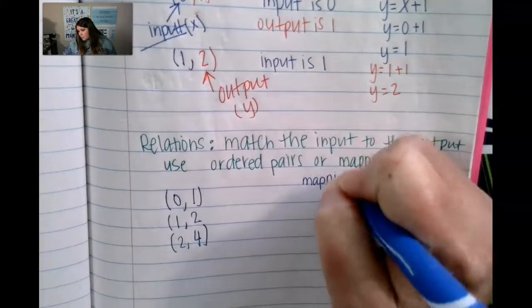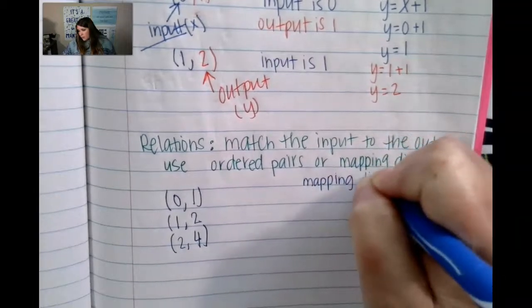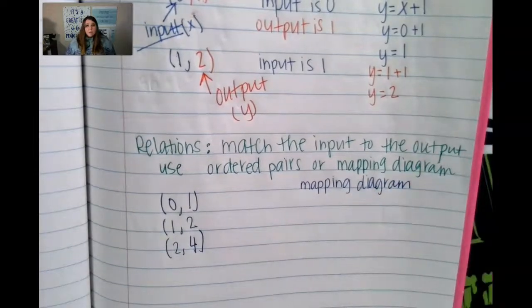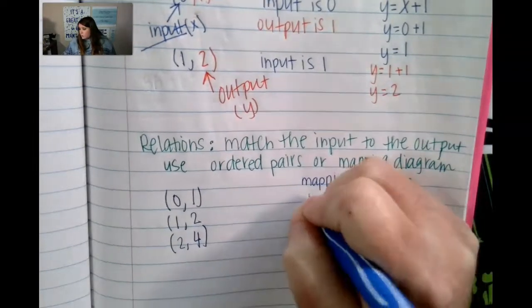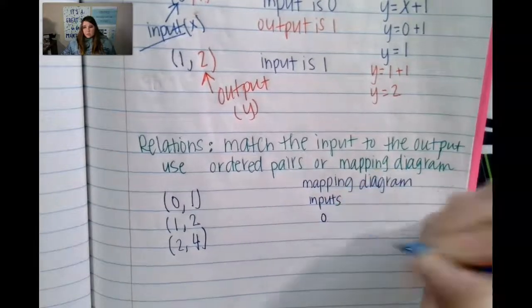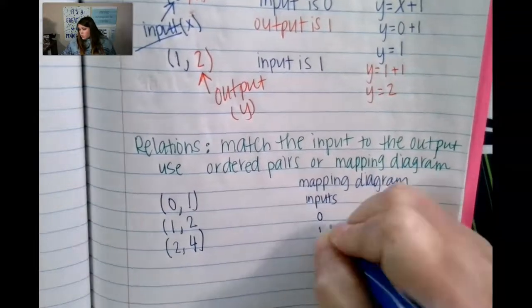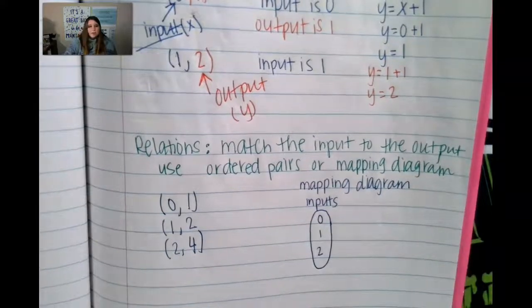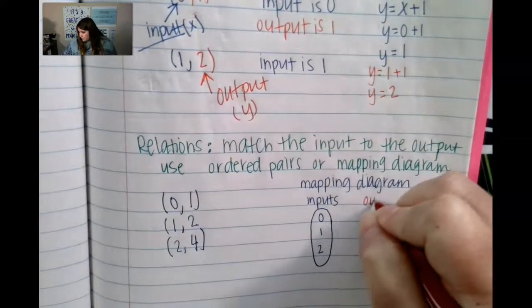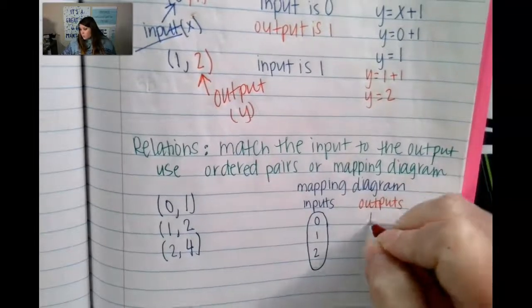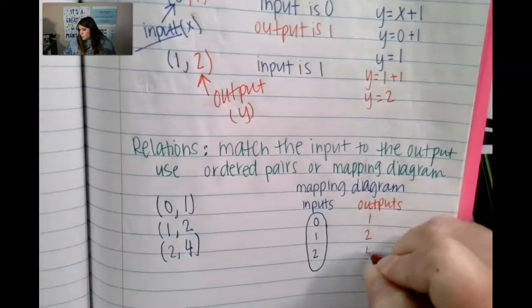A mapping diagram takes all of the inputs. So here are our inputs. Let's say we had 0, 1, and 2. And it pairs them up with the outputs 1, 2, and 4.